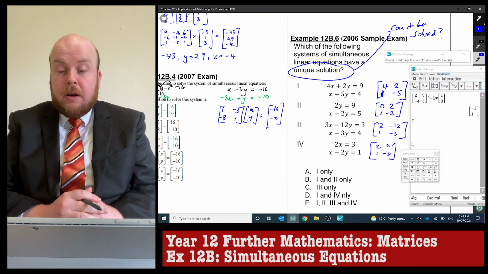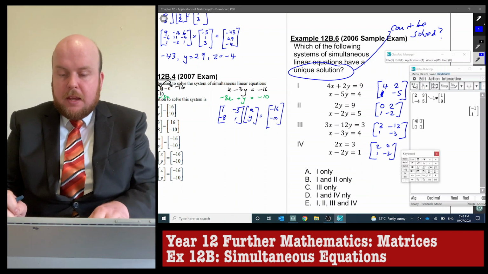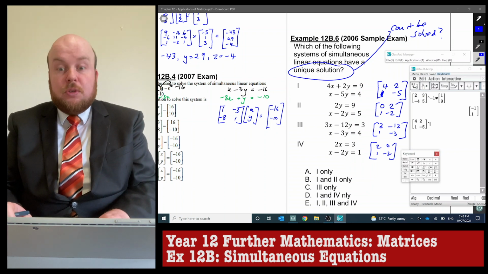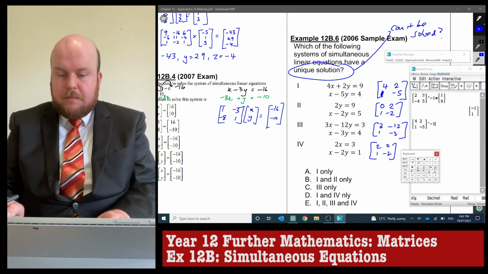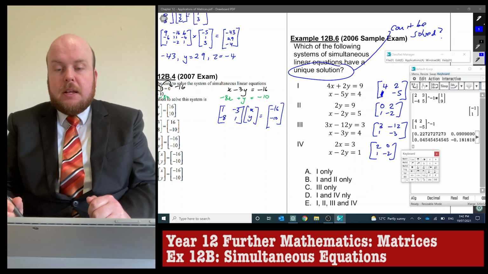So there are all our matrices, and all I need to do is just do the inverse of them. As soon as there's an inverse, then that will definitely have a solution. So we'll start with the first one. Okay, so there is an inverse to that 4, 2, 1, and -5.